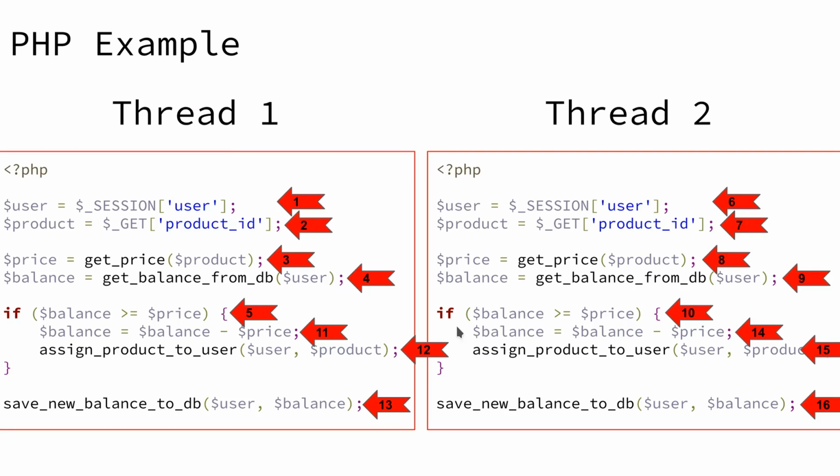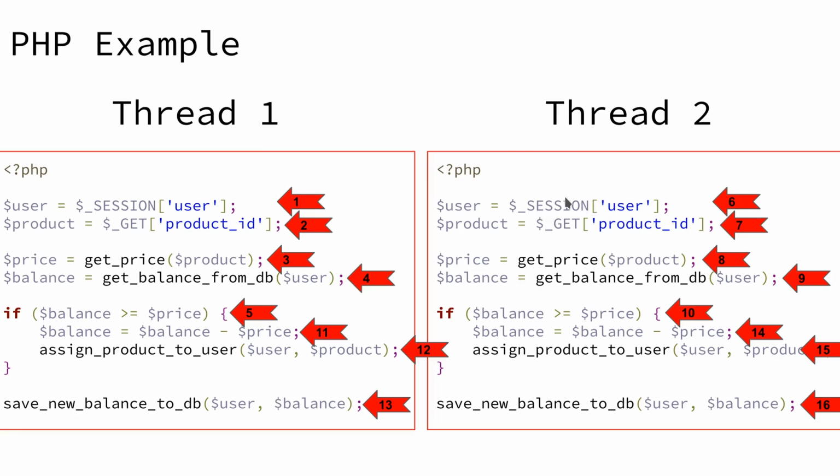Well, what could happen is the first thread of the PHP interpreter runs until here, till 0.5, and then the scheduler tells him, okay, your processor time is over, now it's another thread's turn. Now the second thread runs, because we issued the same request twice, it runs the same code.